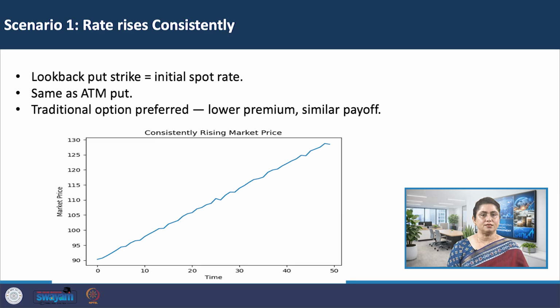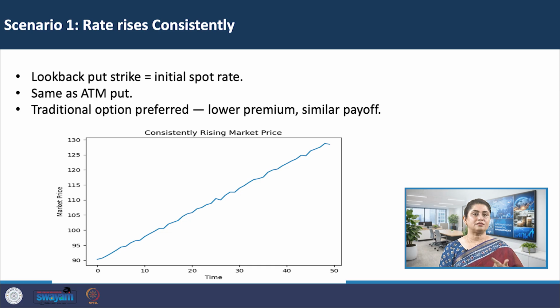Let us now understand lookback options through three specific scenarios. Scenario 1. In a lookback put, the strike is set at the highest price observed during the option life. Now, if the price keeps rising, the highest price occurs at the expiry itself.